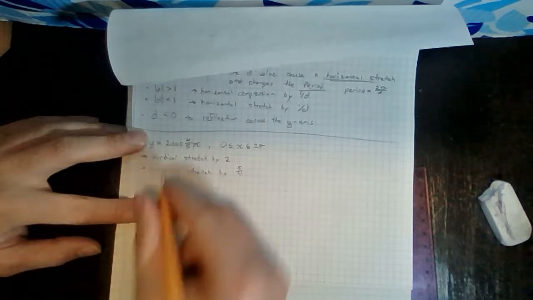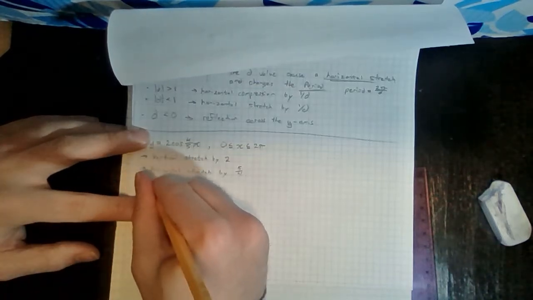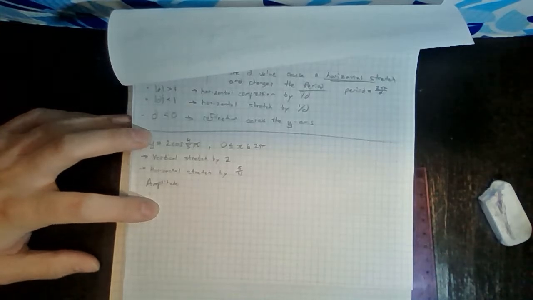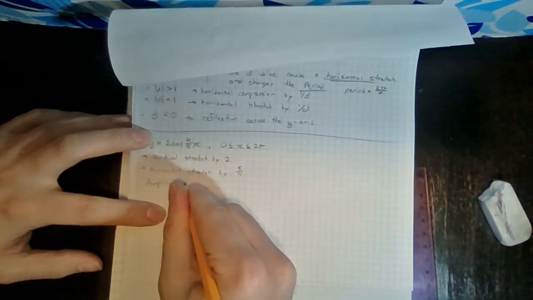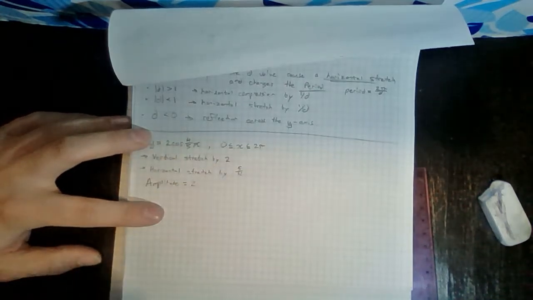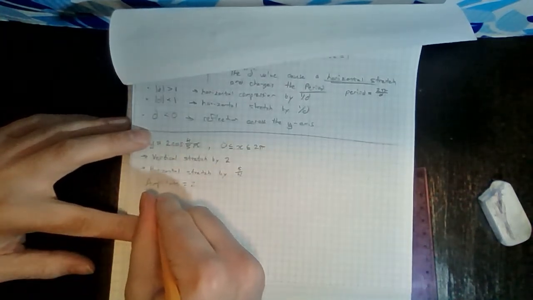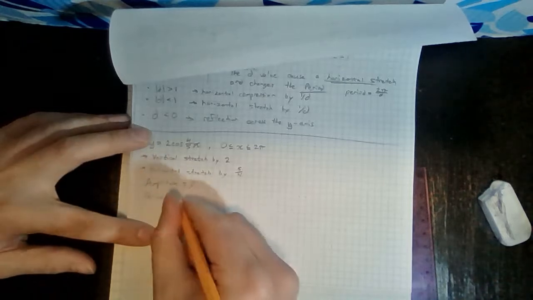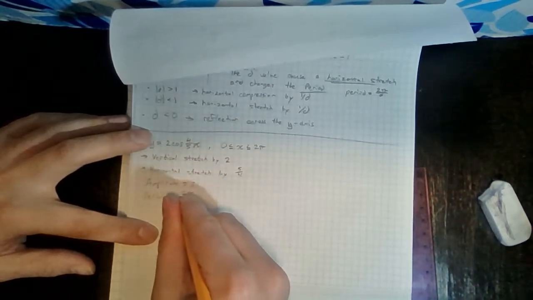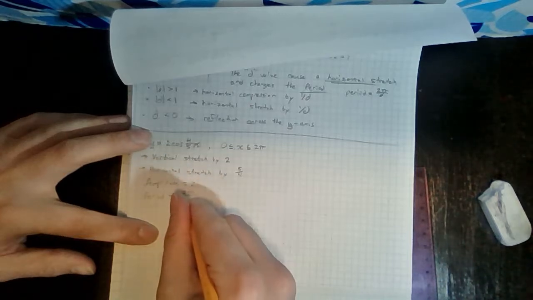So what is that going to change? It's asking amplitude. Well, amplitude was affected by vertical stretches. So if our vertical stretch is by 2, our amplitude is going to be 2. Period was affected by horizontal stretches. We need to do 2 pi divided by d.